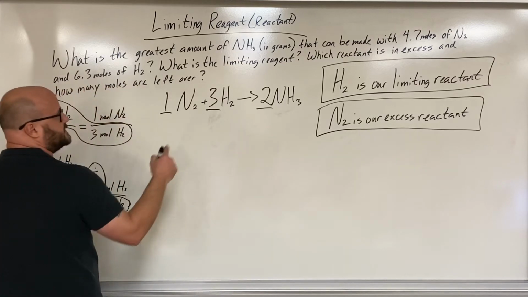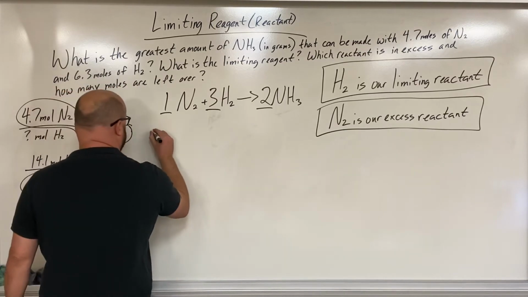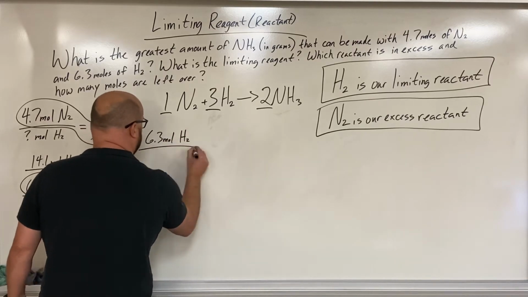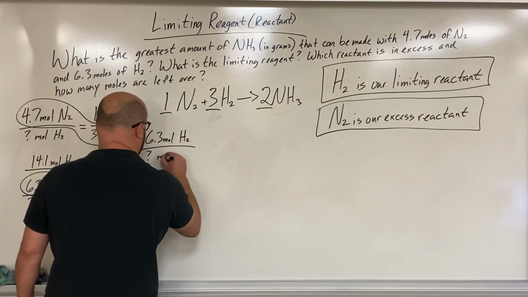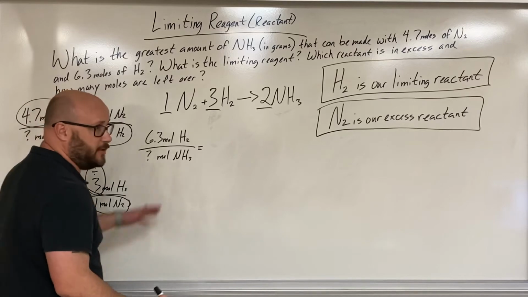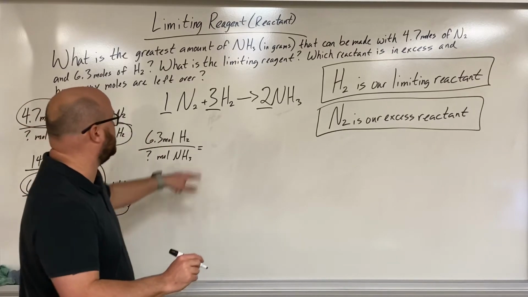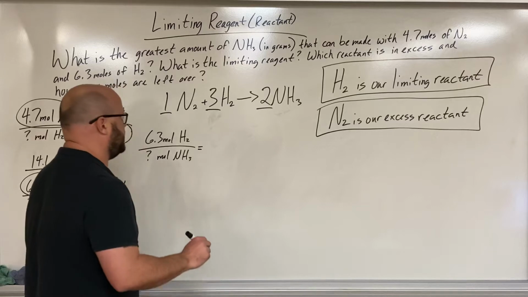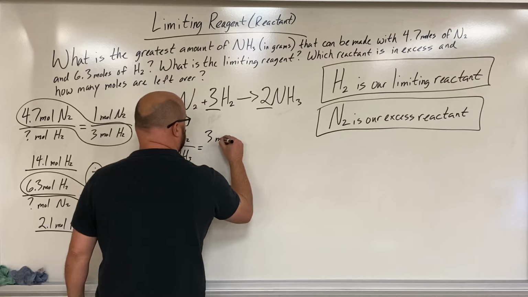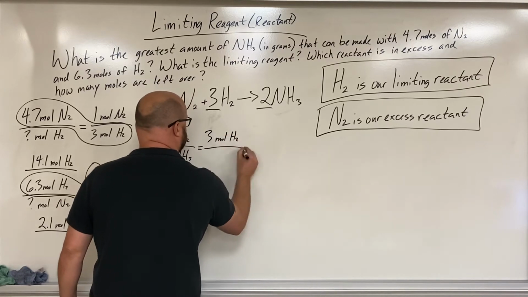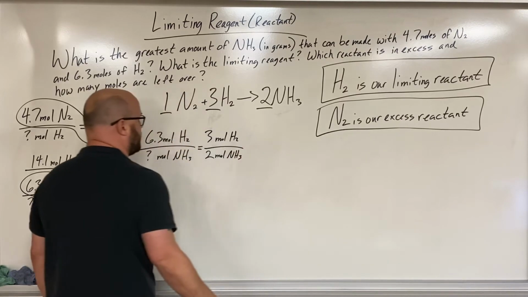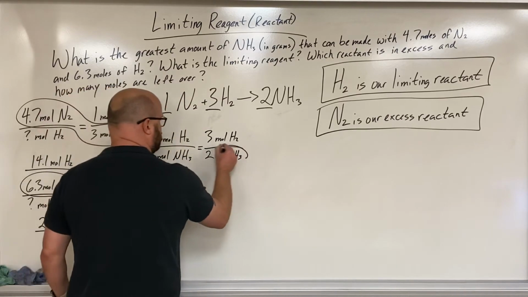Take our hydrogen because it's limiting, 6.3 moles of hydrogen for every question mark moles of NH3. And then look at our mole to mole ratio from hydrogen to NH3 or ammonia, 3 to 2. So 3 moles hydrogen for every 2 moles NH3.